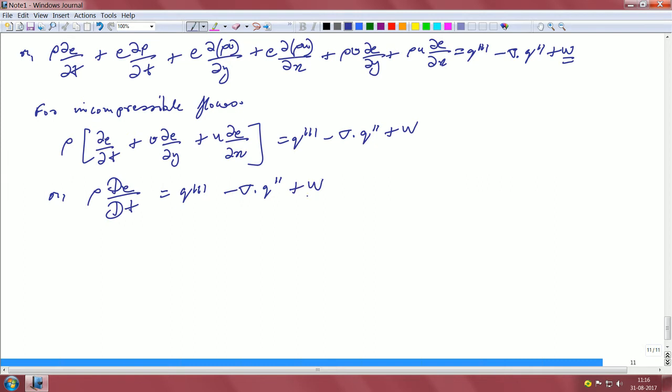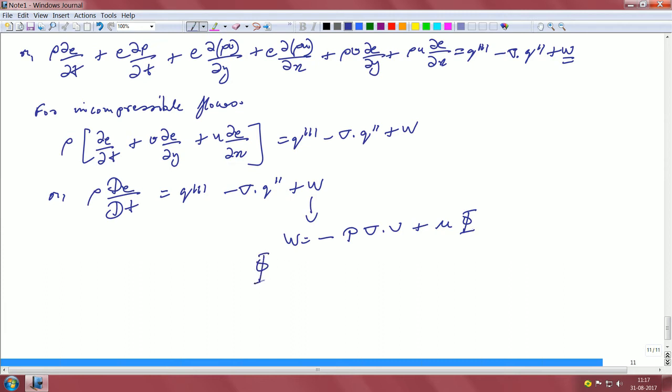So, W is that big expression that we wrote. You can technically show that W, if you work through the math once again from the previous page, is written as P into the divergence of V plus a quantity called mu into phi. What is phi?